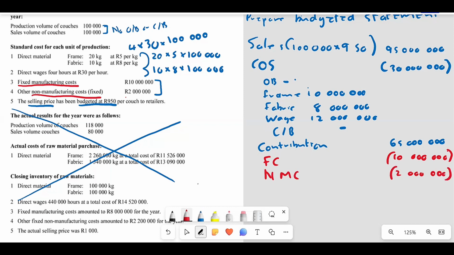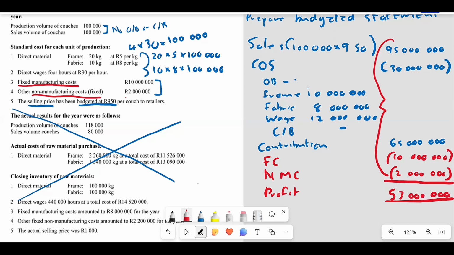And therefore, there are no further costs. Therefore, our profit would be the sum of these calculations, a profit of 53 million.